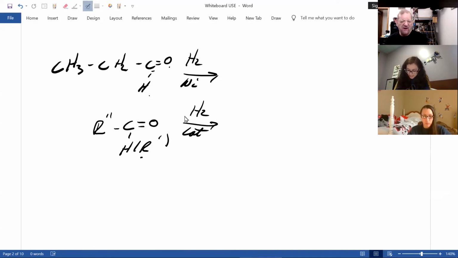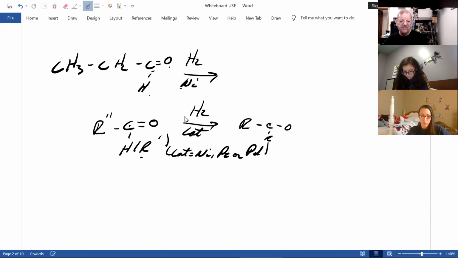And remember, the catalyst can be nickel, platinum, or palladium. In this case, it's up here nickel. You break the pi bond. What's attached to the carbon over here, carbonyl carbon, still there. And you make an alcohol.